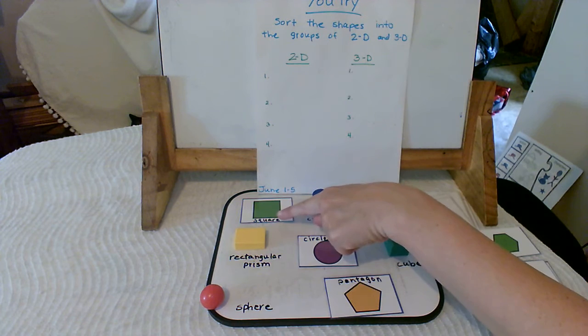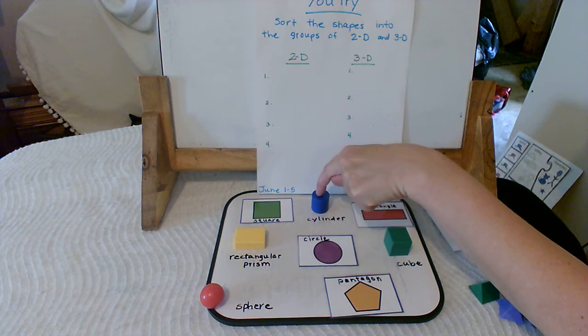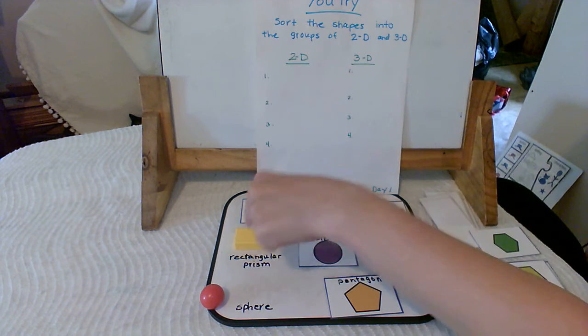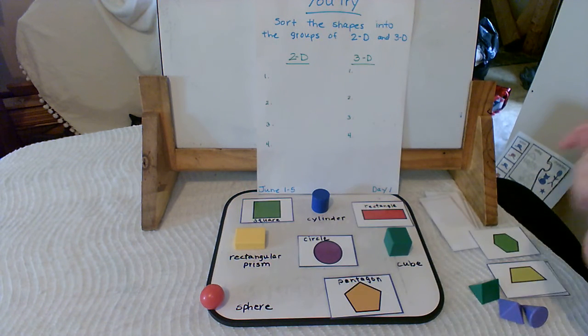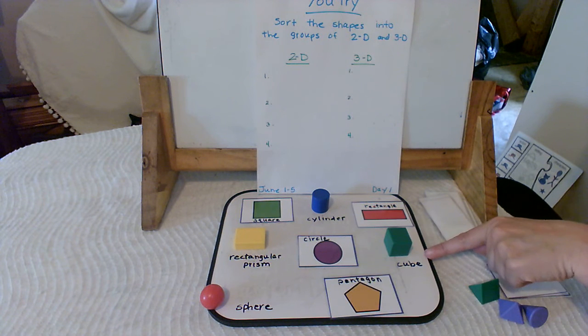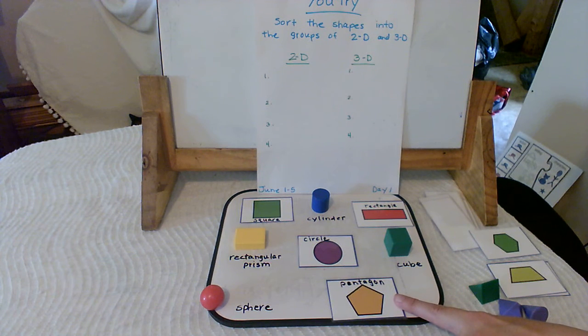I have a square, the green square, this blue cylinder, a red rectangle, a yellow rectangular prism, a purple circle, a green cube, a red sphere, and an orange pentagon.